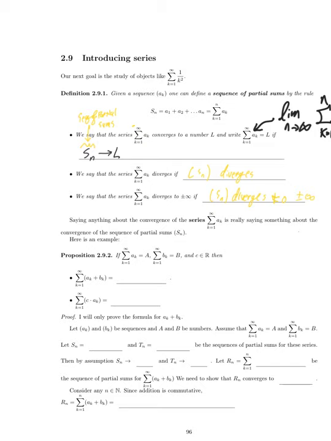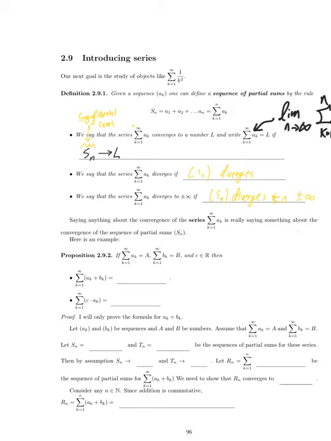So, as some warm-ups, let's prove some basic properties of series. So here's one. Let's suppose that a_k and b_k are sequences. Let's assume that the series, the sum of all of the a_k's is A, the sum of all of the b_k's is B, and c is a number.